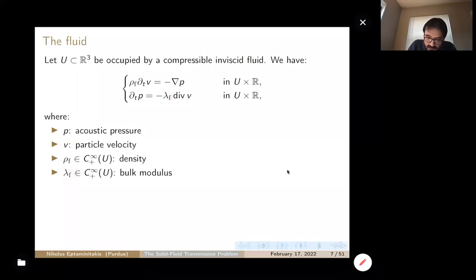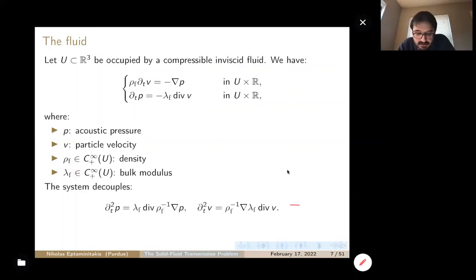Now, it is not too hard to see that this system can be decoupled into two equations. Here we have the usual acoustic equation for the pressure. This is pretty well known. And V also satisfies an equation that looks like a hyperbolic equation, except here we have an operator which is not elliptic. The divergence kills basically any potential vector fields.